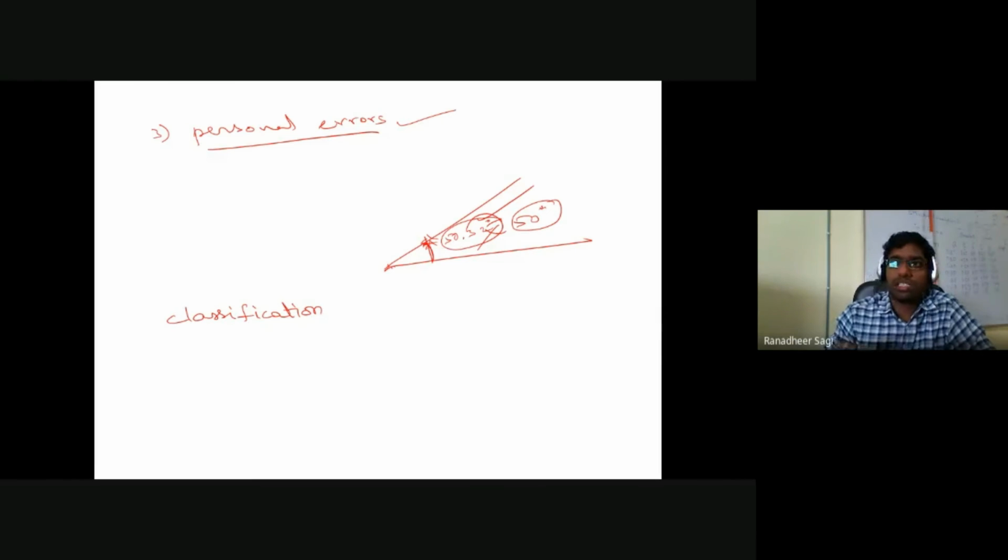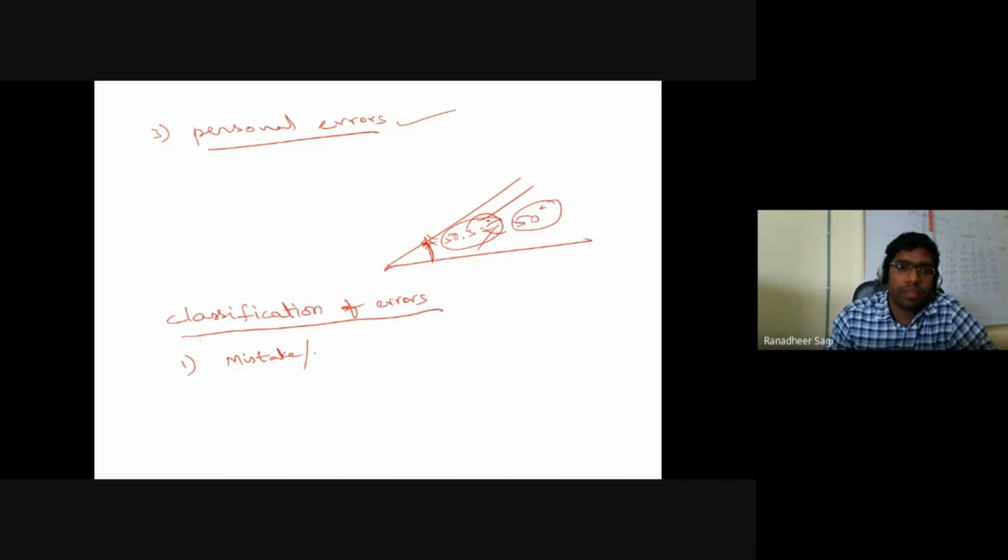So all these different errors, which we come across because of various sources, how do we classify them? Classification of errors. One such classification is what I can call a mistake, or otherwise a blunder.